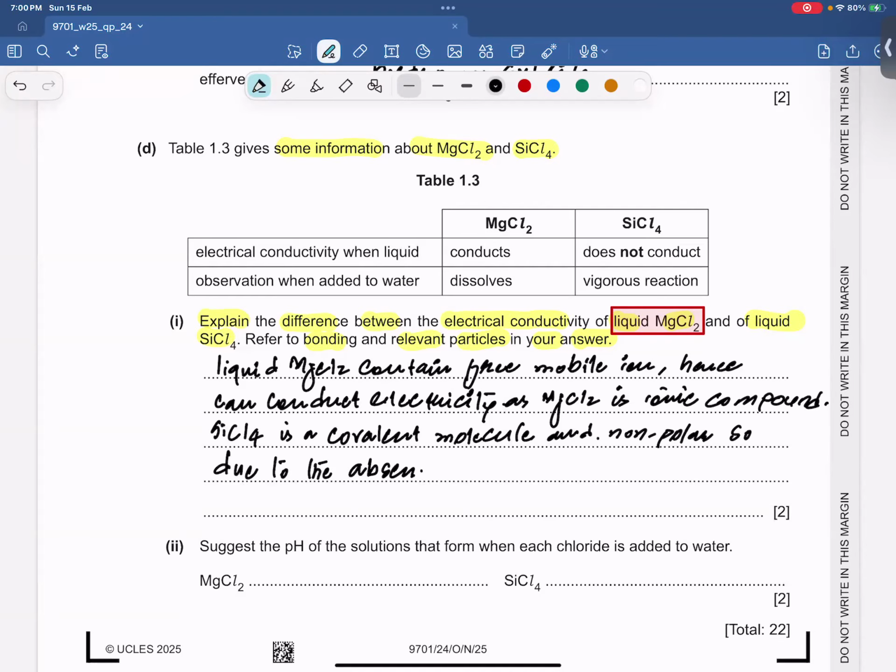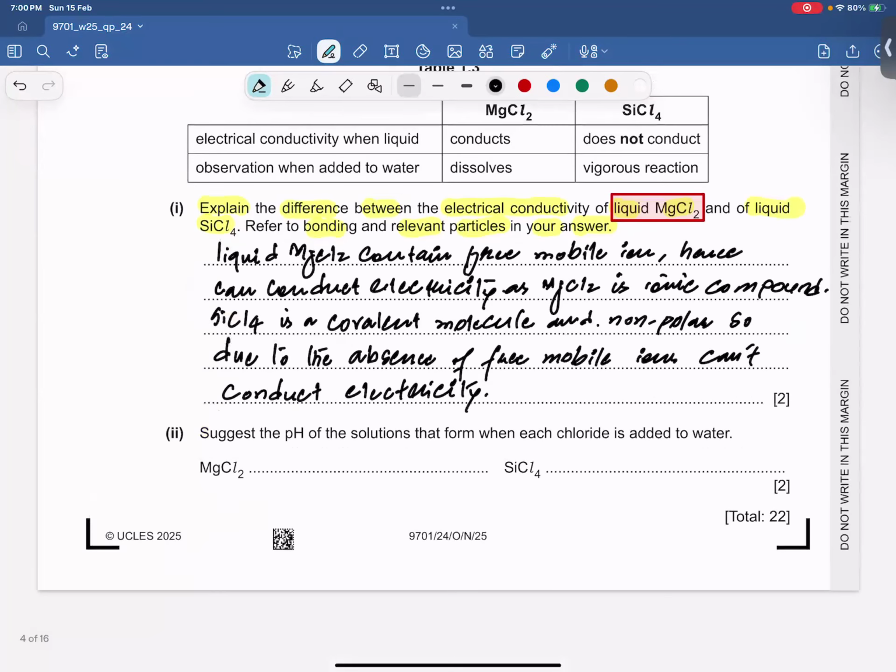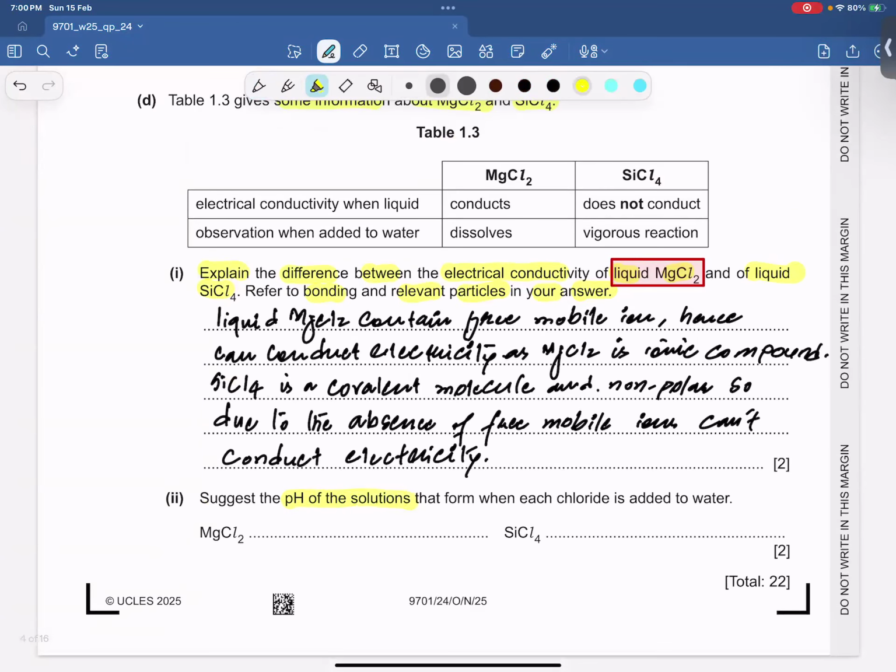So due to the absence of free mobile ions, cannot conduct electricity.